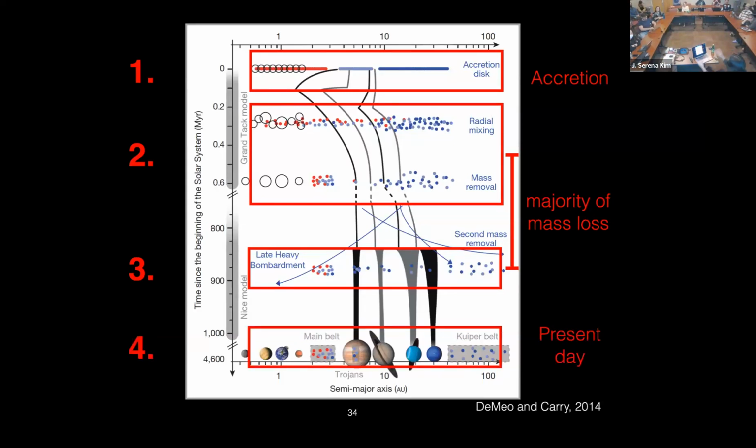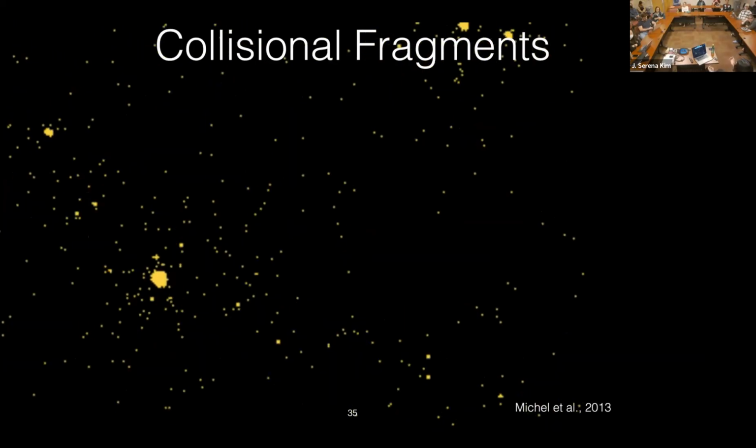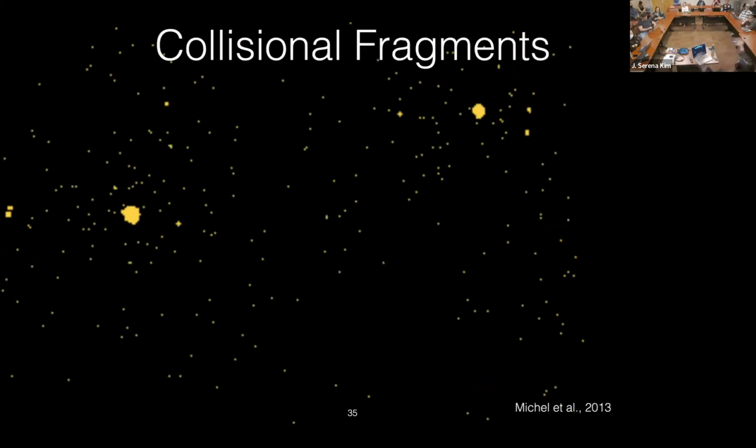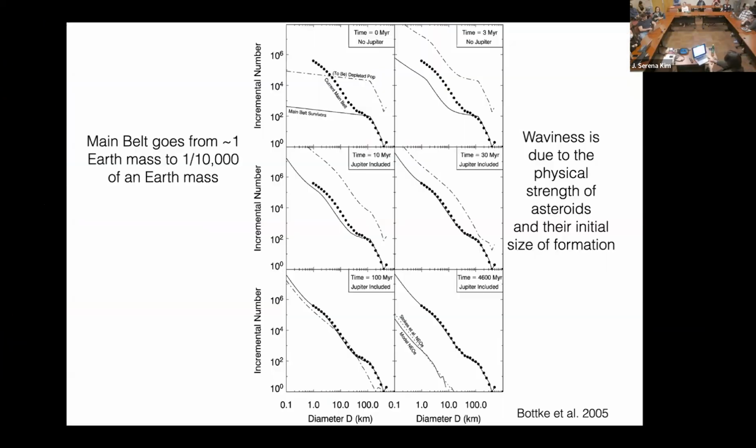And then we have the present day, from when the late instability occurred 100 million years after the formation of solids to now, 4.5 billion years later. And so what happens in that time is you have collisional evolution. You have the disruption of asteroid parent bodies, which creates many, many fragments. And this causes the initial size distribution to evolve.